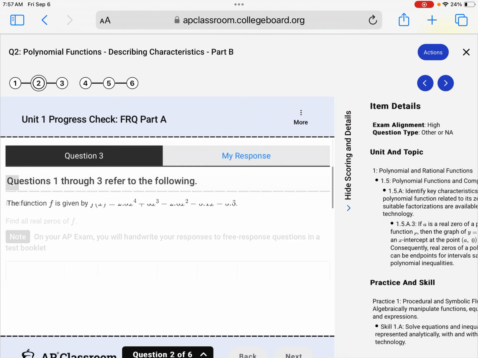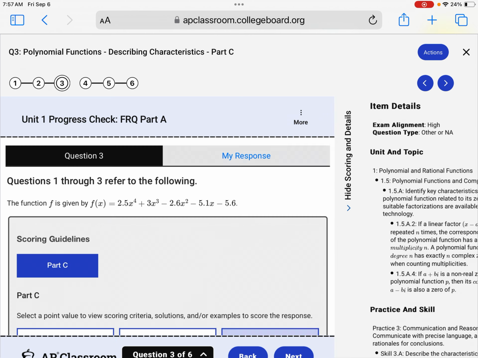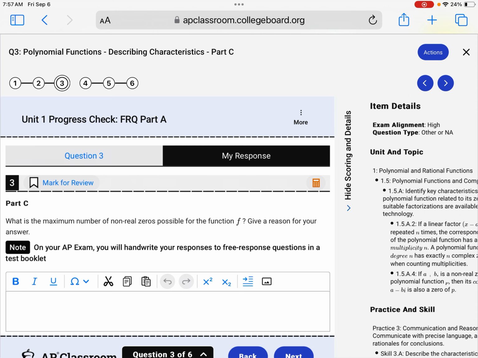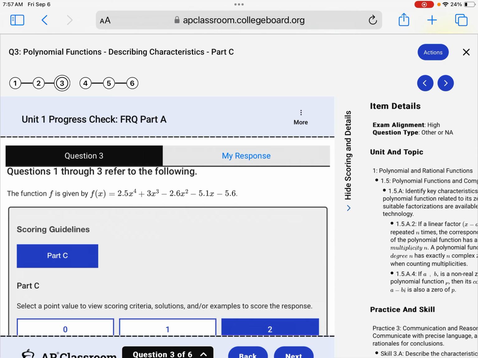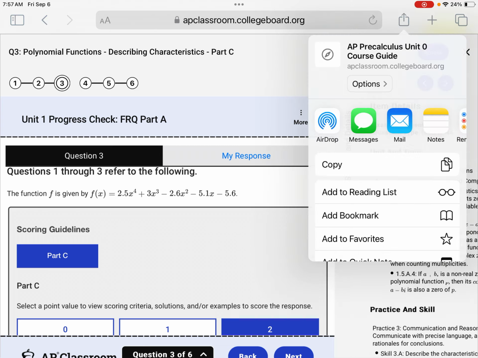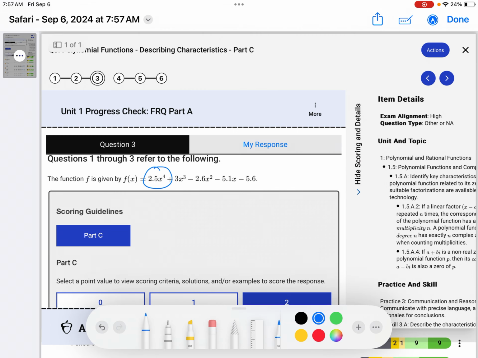And then the last question says, oh, this we can do. The maximum number of non-real zeros. So, we learned this the other day. Degree is 4.